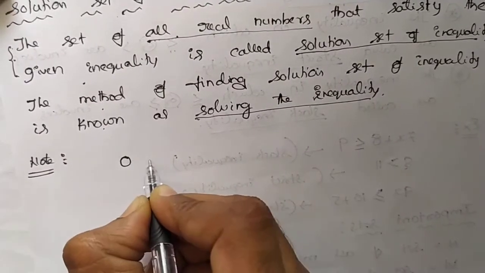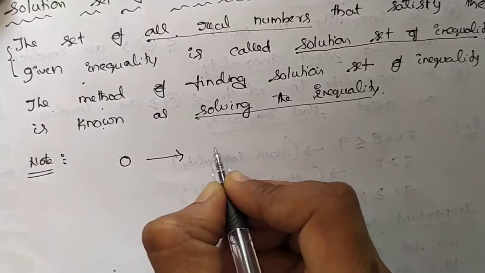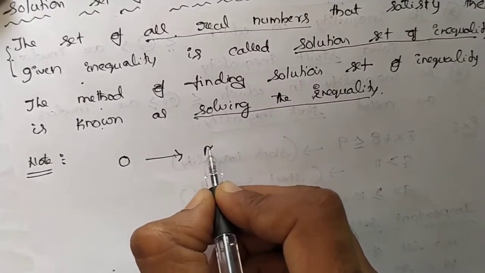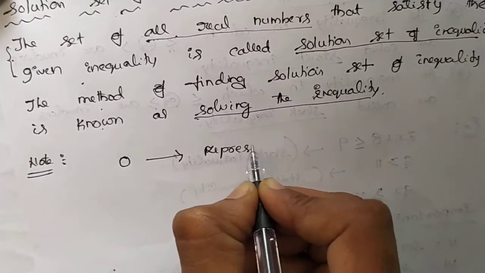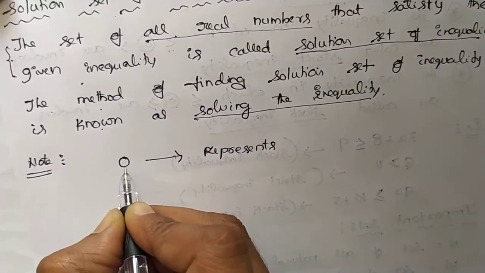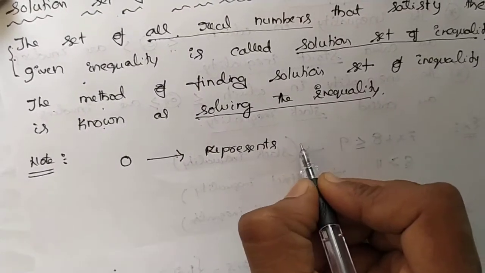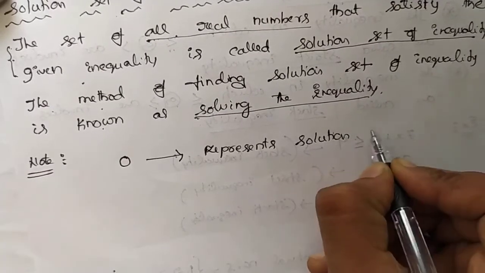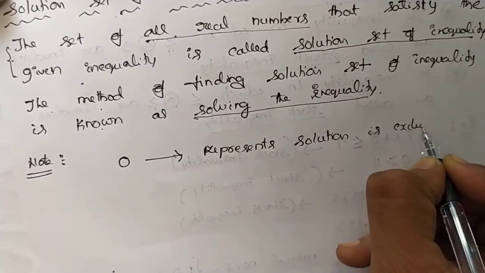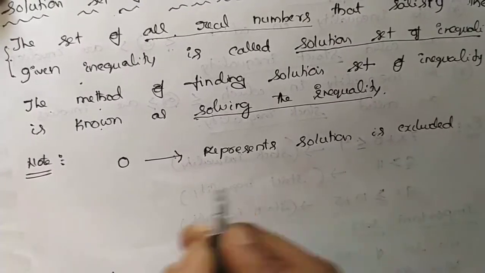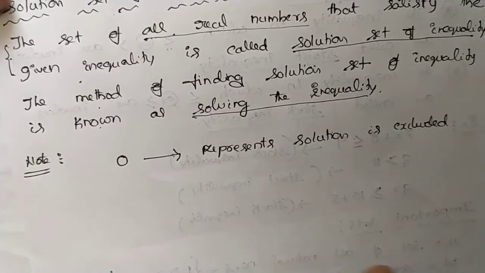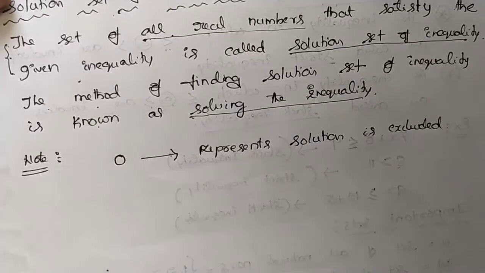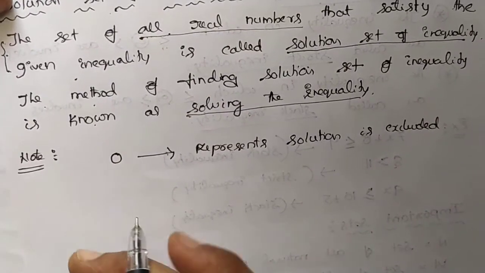This symbol represents solution included. This symbol represents solution is excluded. About these symbols I already explained in relations and functions.